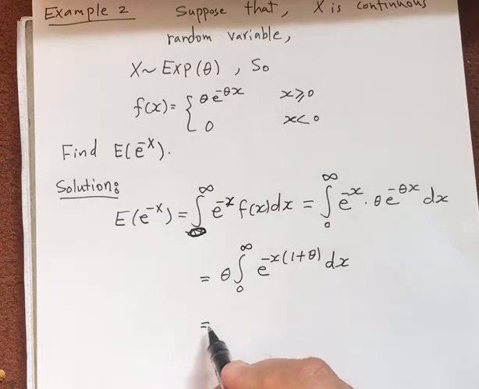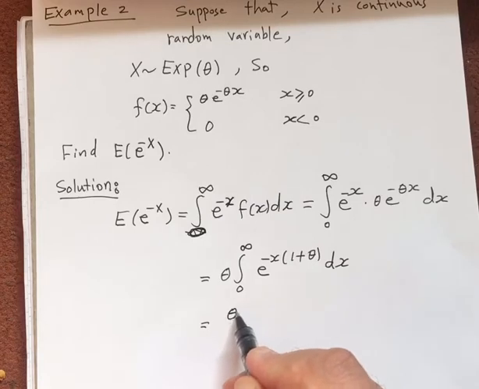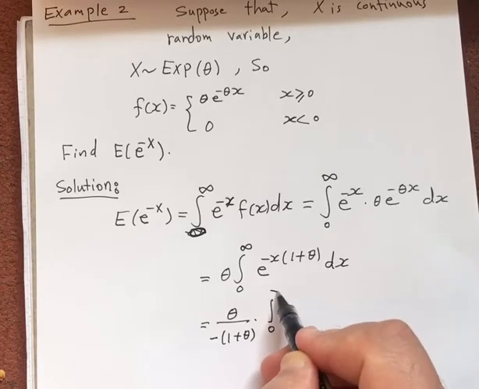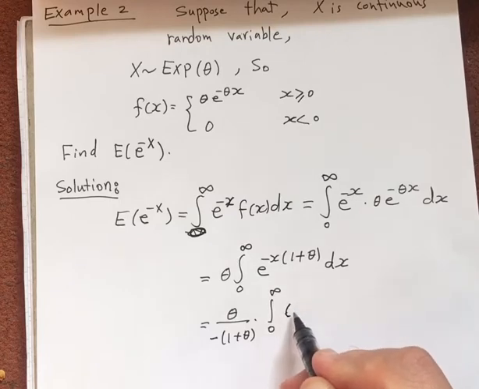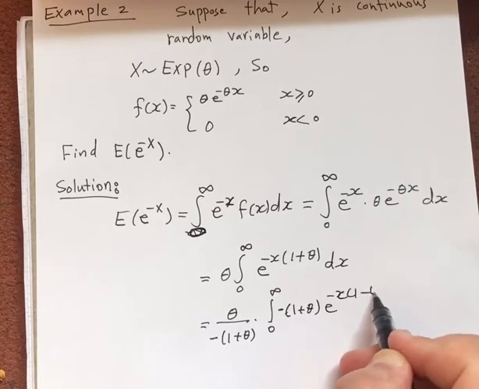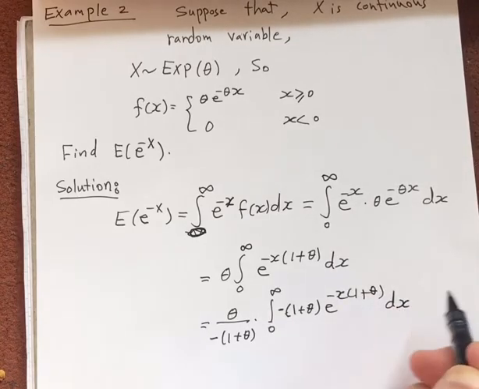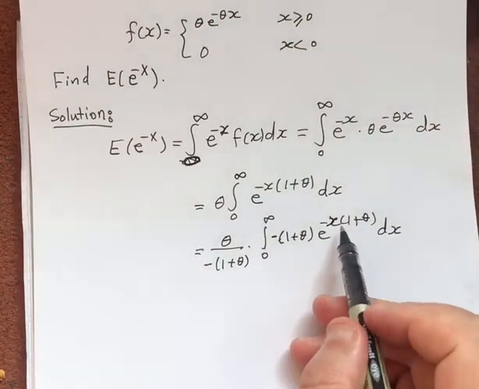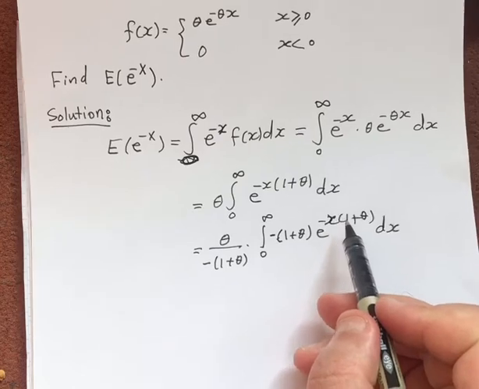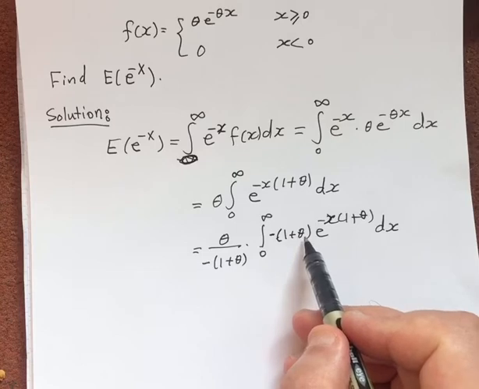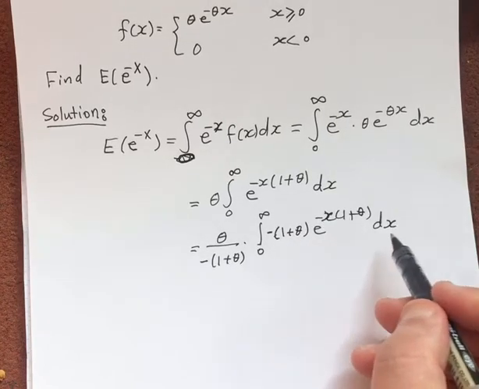So what we need here is theta, and then we need minus 1 plus theta in the numerator, and the differentiation of this function with respect to x is minus 1 plus theta, so this all goes with the integral.